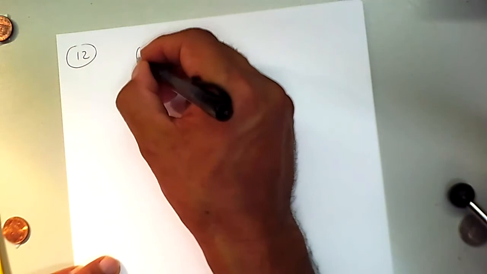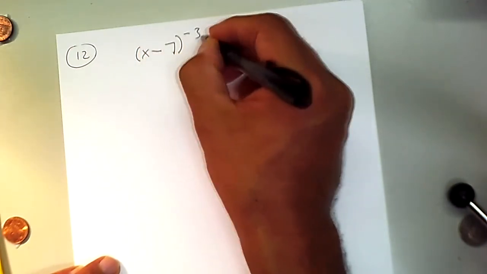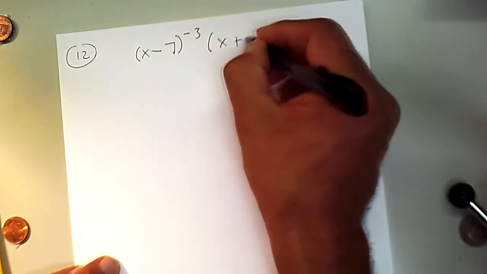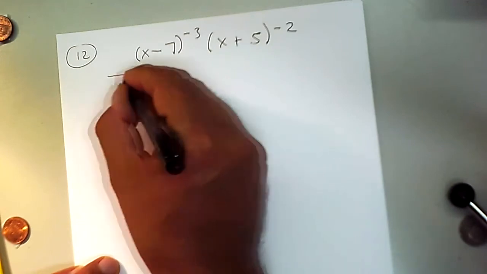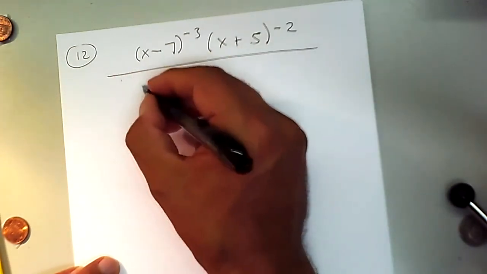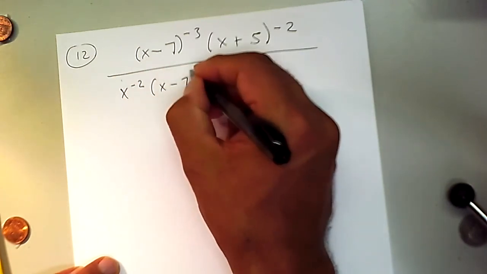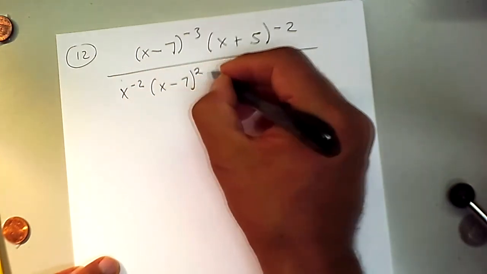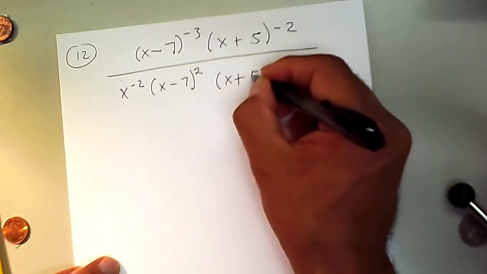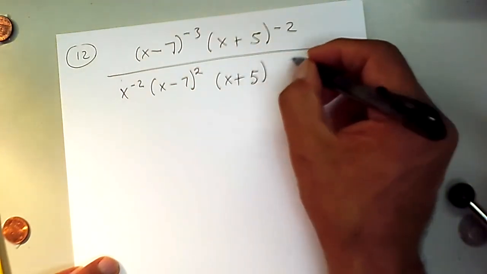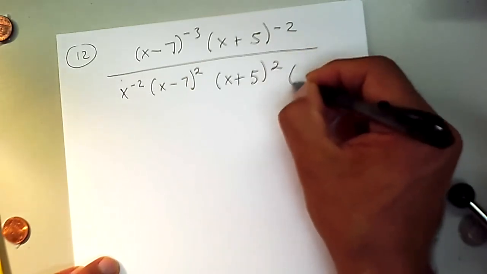So let's say you got x minus 7 to the negative 3 times x plus 5 to the negative 2 over x to the negative 2, x minus 7 squared, x plus 5 squared, and then x plus 1 cubed.